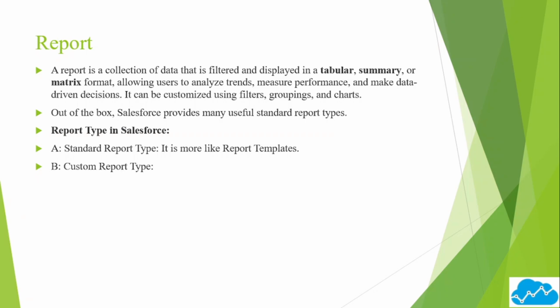They are created by Salesforce on both standard and custom objects. Standard reports are the pre-built reports provided by Salesforce. Custom report types are created by the users as per the business requirement. This gives us access to custom objects and custom views of objects.